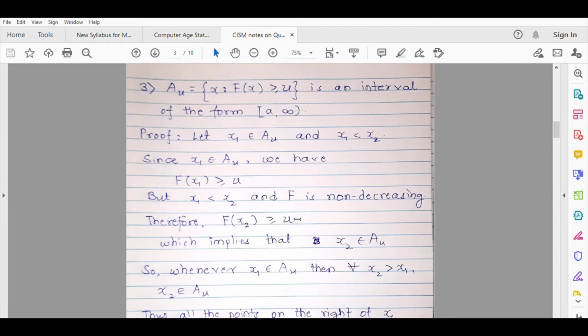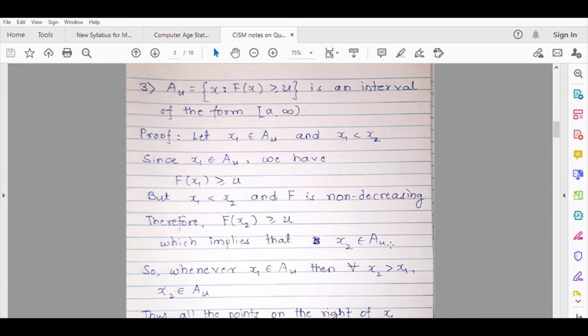Spend a minute over it. Since x1 less than x2 implies that F(x1) is less than or equal to F(x2), but F(x1) itself is greater than or equal to u, you will get u less than or equal to F(x1), which is less than or equal to F(x2). So F(x2) automatically is larger than u. This implies that because the condition is fulfilled, x2 will also belong to A(u).